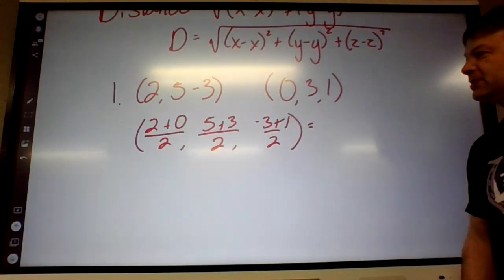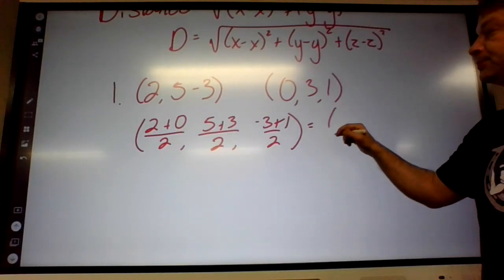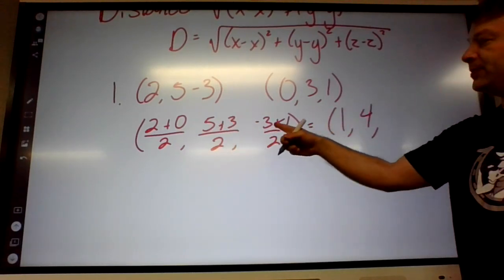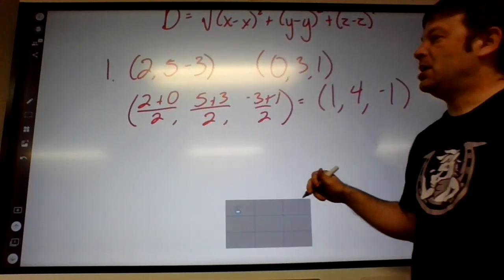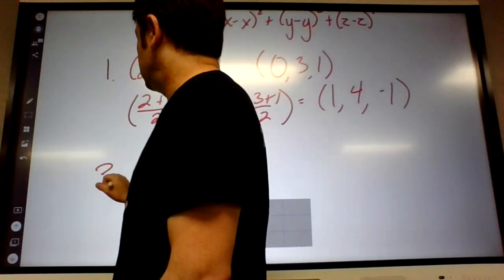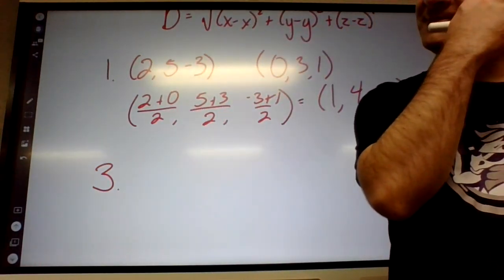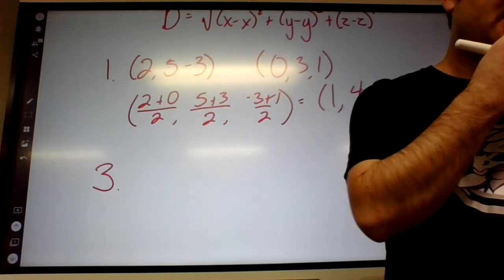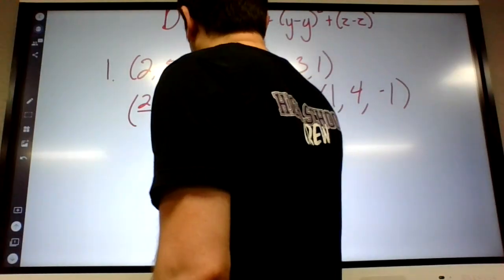And just simplify that. So add the x's, divide by 2. Add the y's, divide by 2. 5 plus 3 is 8, divide by 2 is 4. Negative 3 plus 1 is negative 2, divide by 2. We have to find the length too. Oh yeah, sorry. I forgot the length. My bad. Okay.